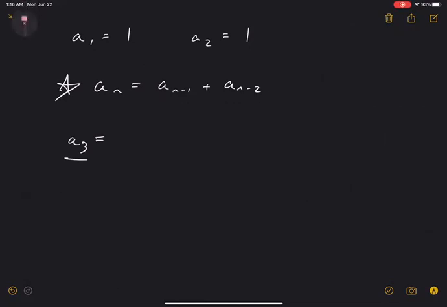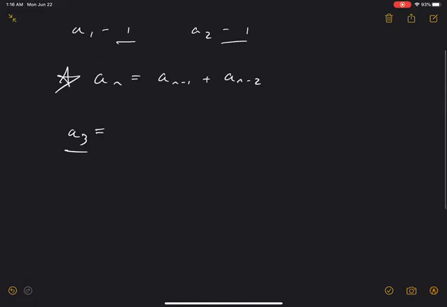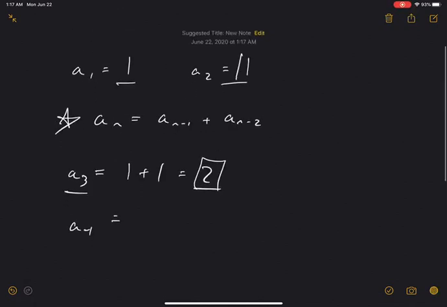In this case, I do. I know a1 is 1, a2 is 1. So that means a3 is going to be 1 plus 1, which is equal to 2. What about a4? Well, that's going to be 2 plus 1.